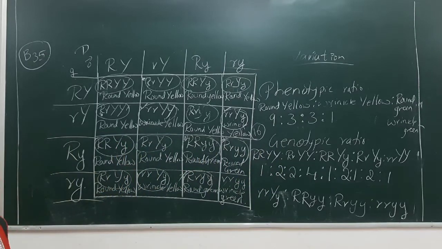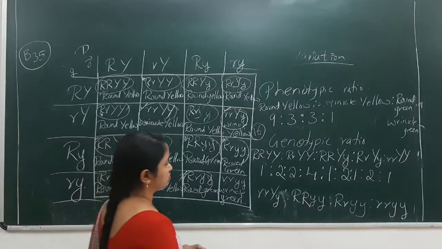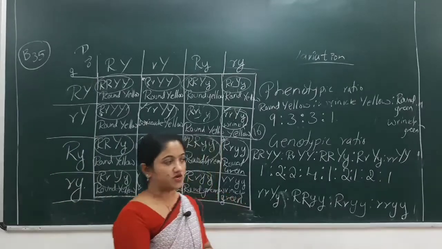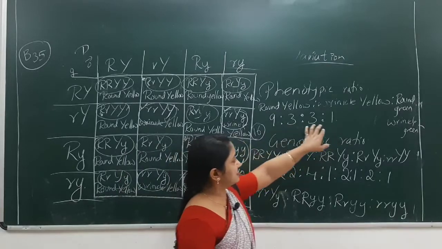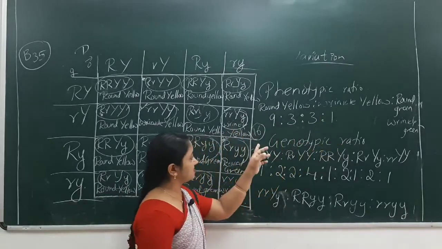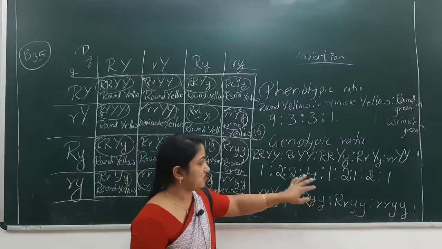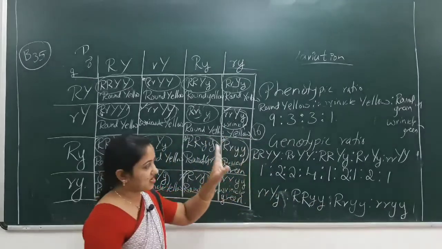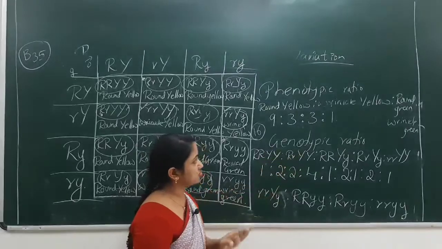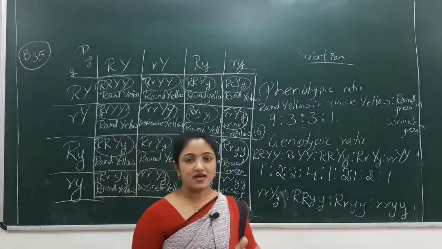Okay. So with this, we have completed the genotypic ratio of dihybrid cross. So if you total this ratio, it should come to 16. If this also comes to 16, it means your genotypic ratio and phenotypic ratio are correct.